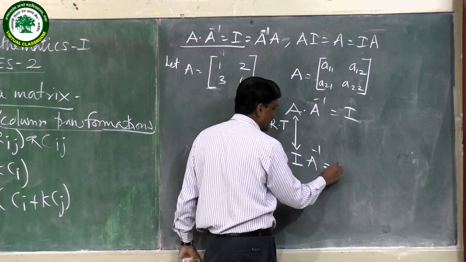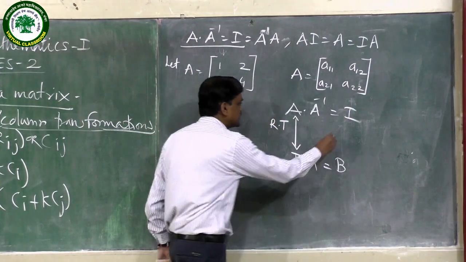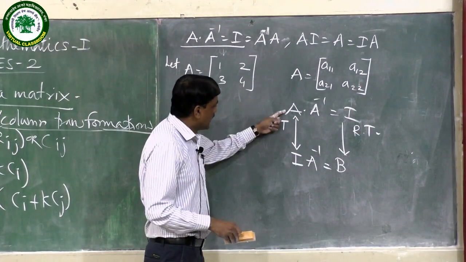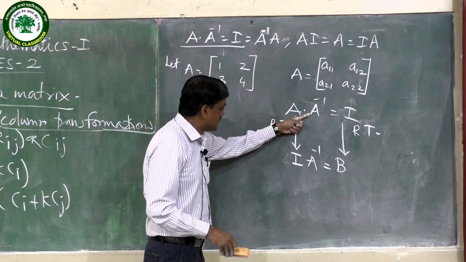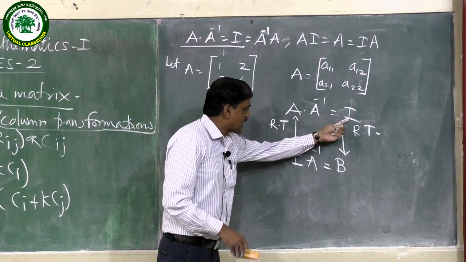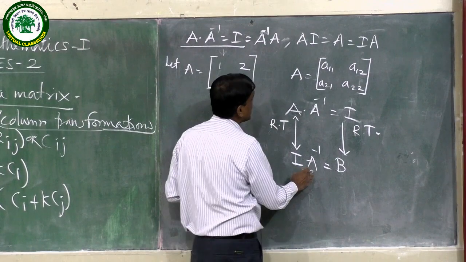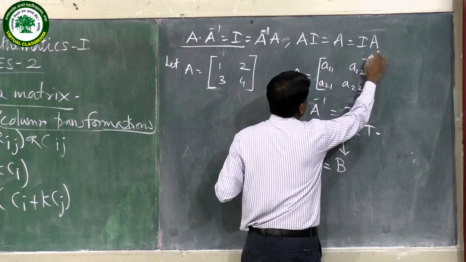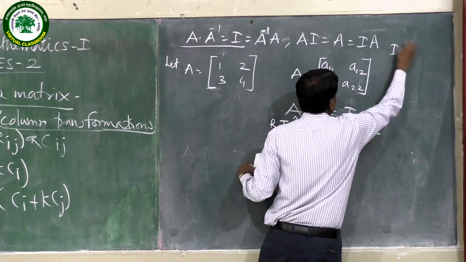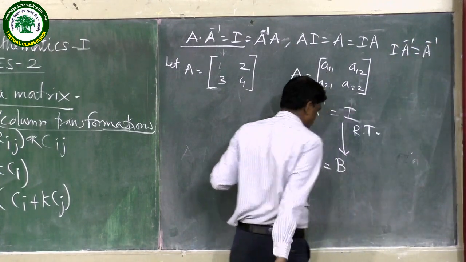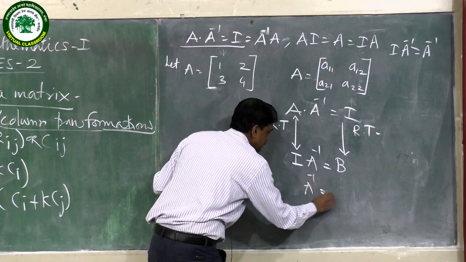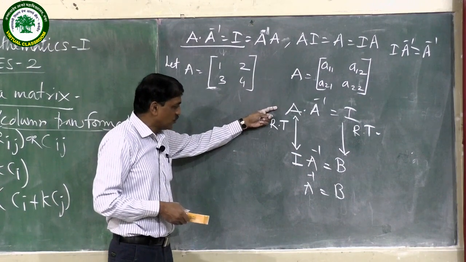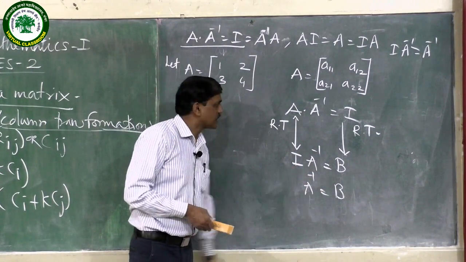This matrix changes to matrix B using the same row transformations. Now A converts into I, A inverse remains as it is, the second matrix. I converts into B, so I into A inverse. So I into A is A. So I into A inverse is also A inverse. So it becomes A inverse is equal to B. So using this type of transformation, we get the inverse of matrix A.